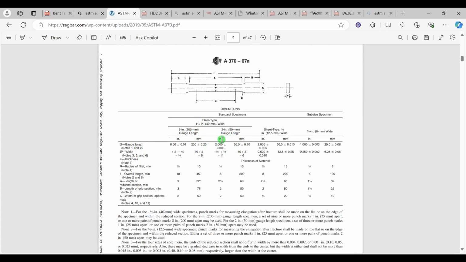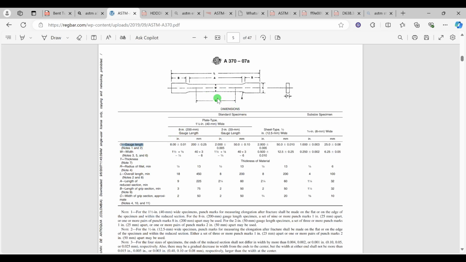You should note the thickness; this table was segmented based on thickness and width, and the gauge length was divided into different groups based on them.